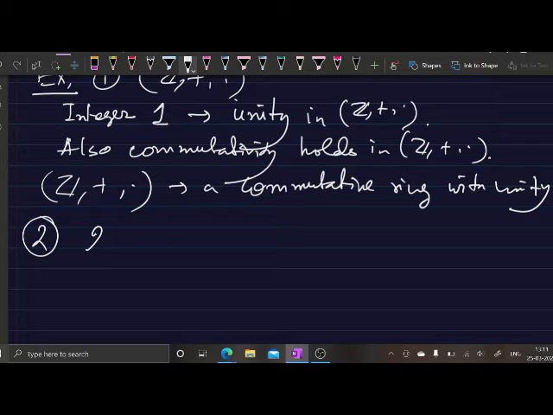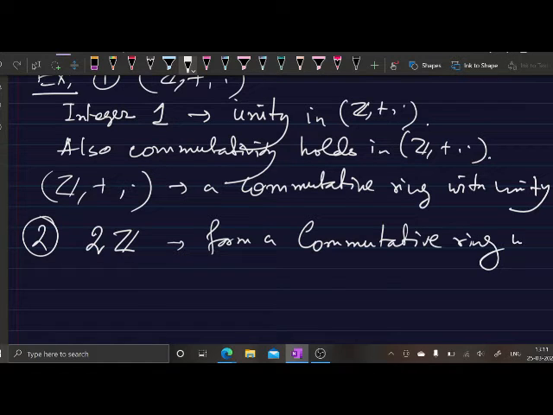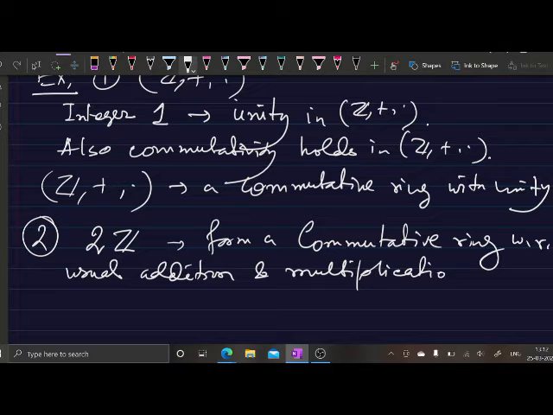Suppose you take 2Z, the set of all even integers, with respect to the same usual addition and usual multiplication that has been defined on Z. If you induce those operations on 2Z, you can check that this will form a commutative ring with respect to usual addition and multiplication, but it doesn't have unity.